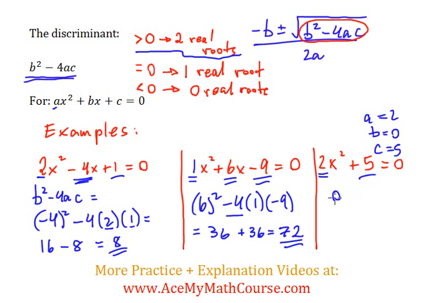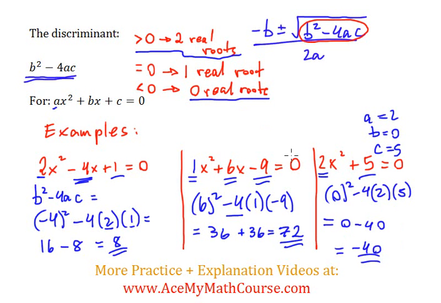So b squared, 0 squared, minus 4ac, that'll be equal to 0 squared, 0. Minus 4 times 2, minus 8, times 5, minus 40. 0 minus 40, negative 40, which means that we have 0 real roots and no solutions at all.